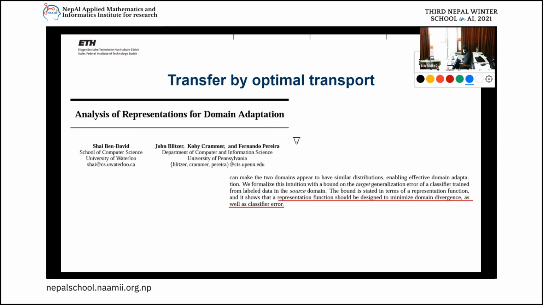Later on, it will be difficult to classify. So ideally, you want the loss corresponding to a 50-50 classification error, because you cannot say whether it comes from the source or the target. Therefore, your classification accuracy should be 50%.